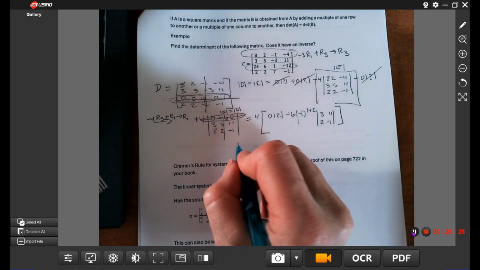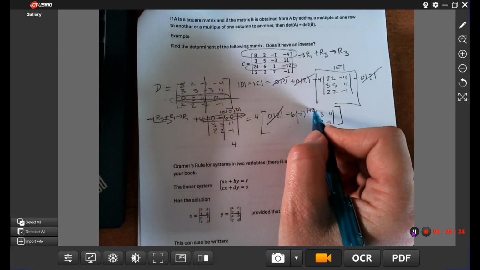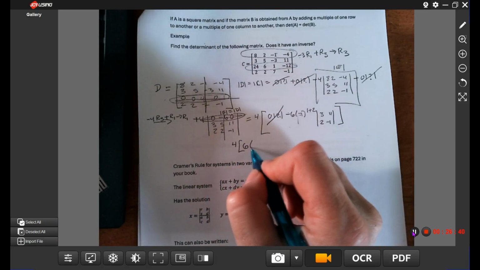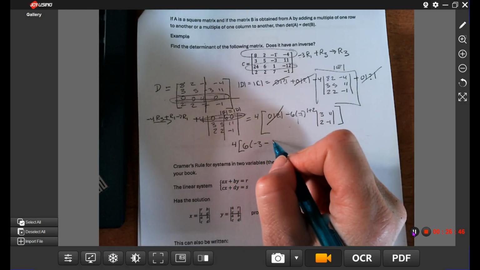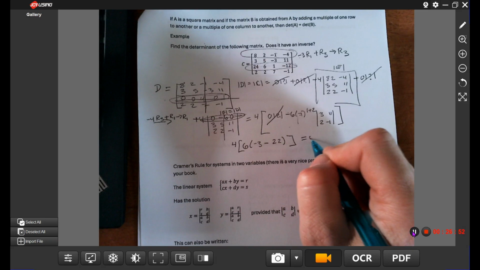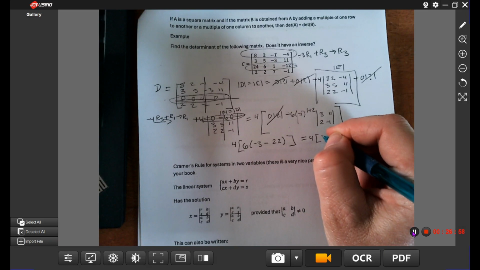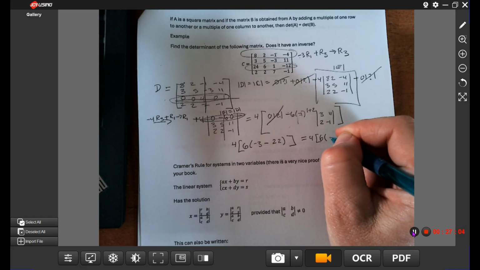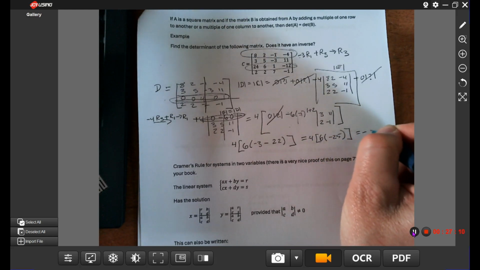All right, so I have 4, that's a 0, negative 1 to an odd exponent is negative, times negative 6 is positive 6, and then the determinant of this matrix is 3 times negative 1, so that's negative 3, minus 2 times 11, which is 22, so this is 4 times 6 times negative 25, so that's negative 600.